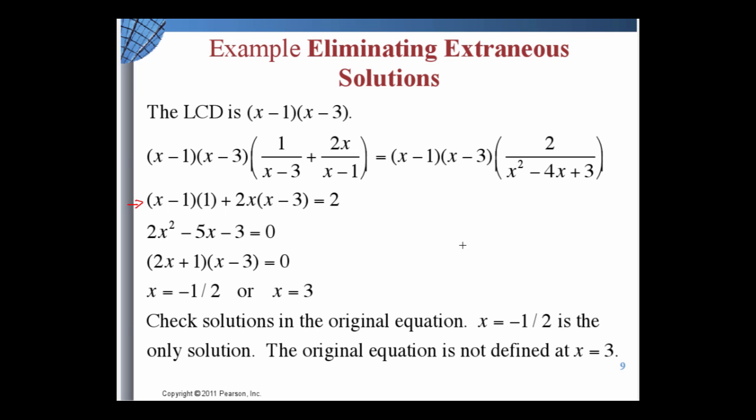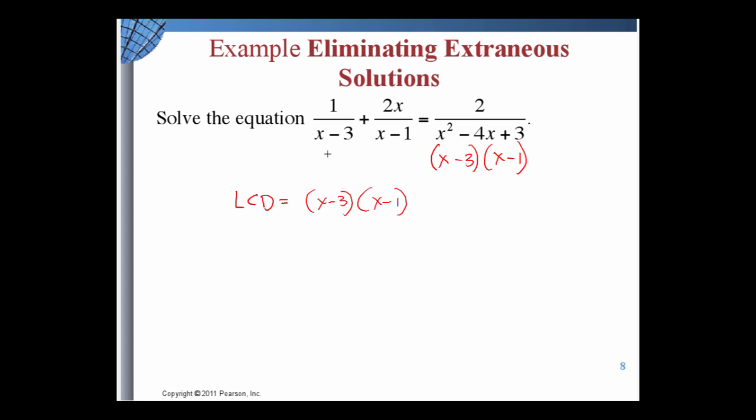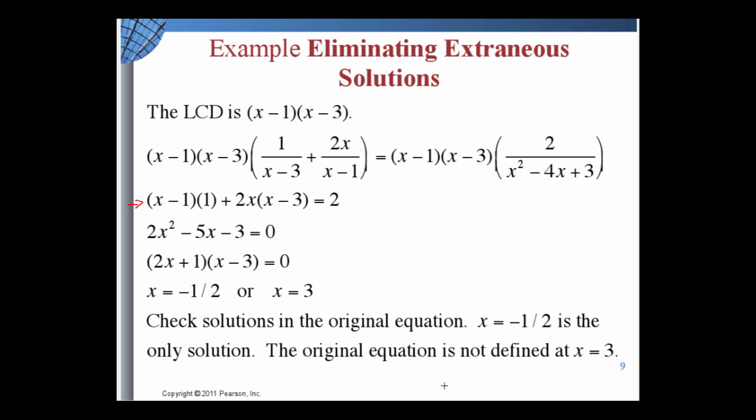When we check our solutions in the original equation, x equals negative 1/2 is the only solution, because the original equation is not defined at x equals 3. If I go back to my original equation and put 3 in for x in this first fraction, I get a 0 in the denominator, and thus an undefined value. So that will not work because the equation is not defined at x equals 3.